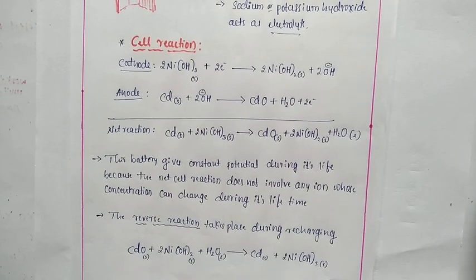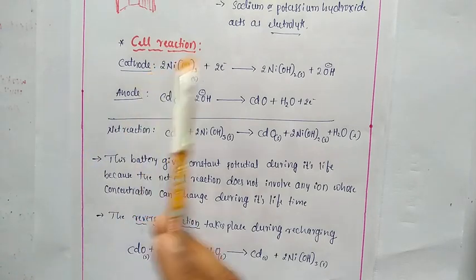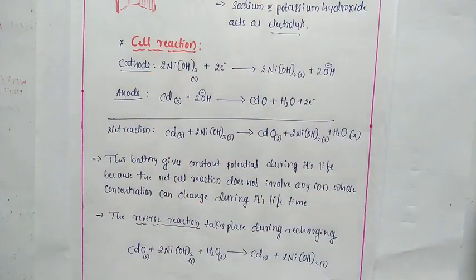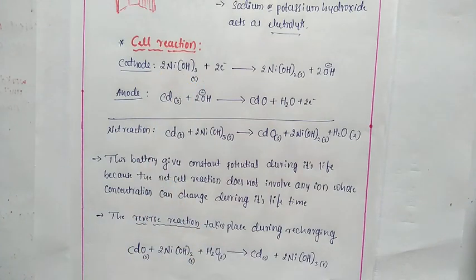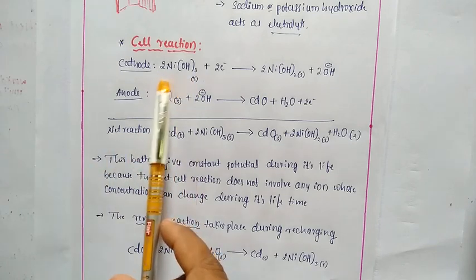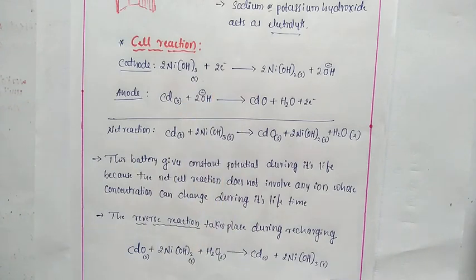Now the cell reaction. At the cathode, nickel hydroxide acts as the cathode. You already know that at the cathode reduction takes place and at the anode oxidation takes place. At the cathode, 2Ni(OH)3 gains 2 electrons and becomes 2Ni(OH)2 plus 2OH-.